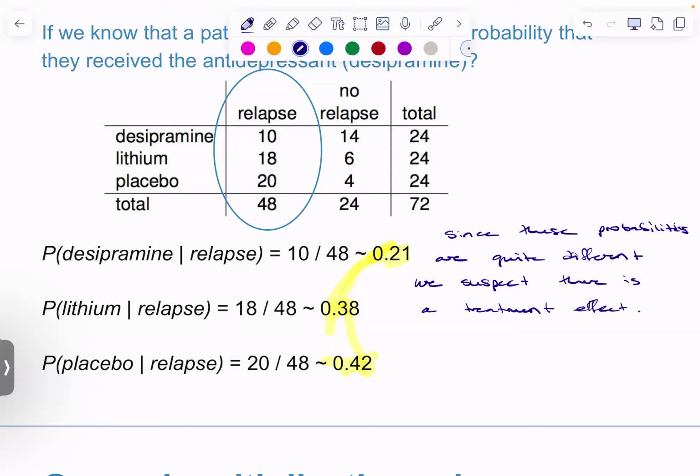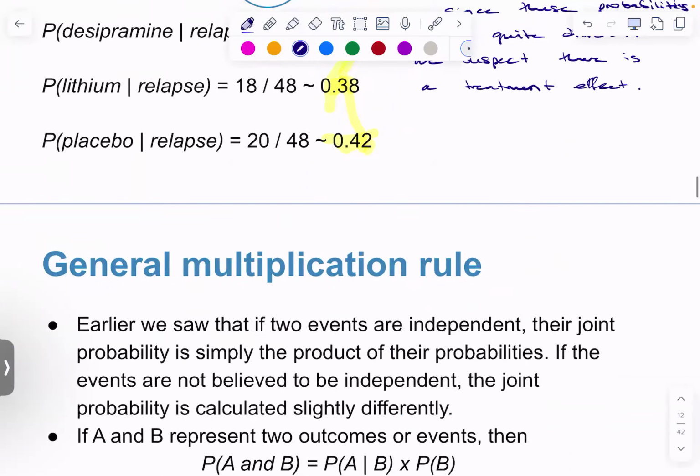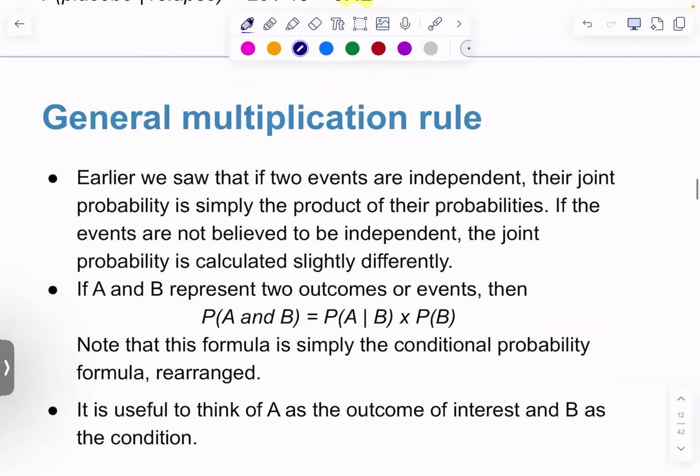Knowing that they relapsed tells us something about the treatment, or that there's a relationship between relapse and the treatment. For now, all we have is this gut feeling, and later in the course, we're going to develop techniques to figure out if there is a significant difference in the treatment groups. But for now, we just trust our gut.